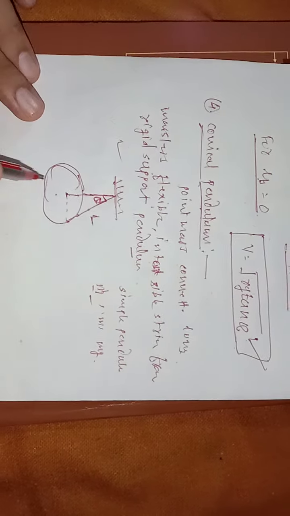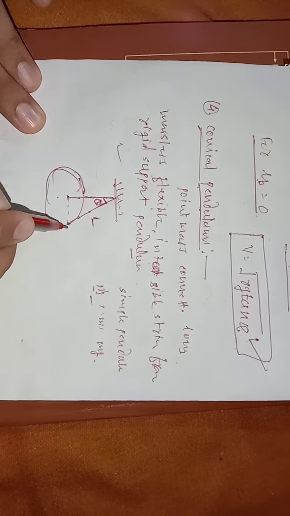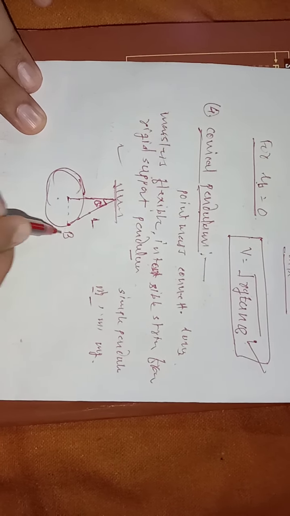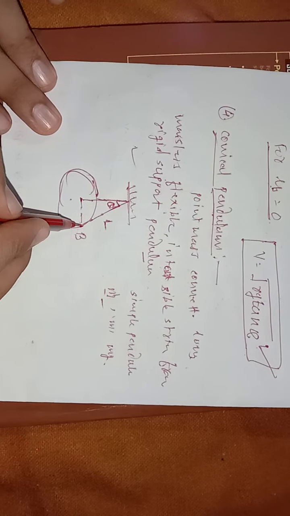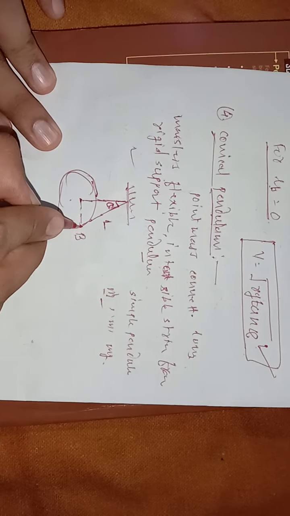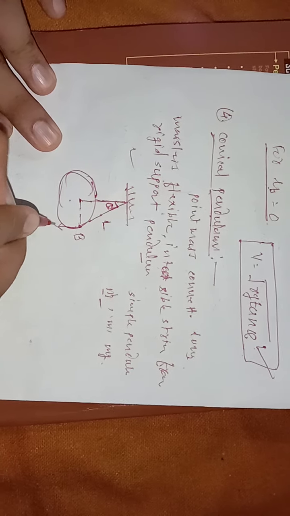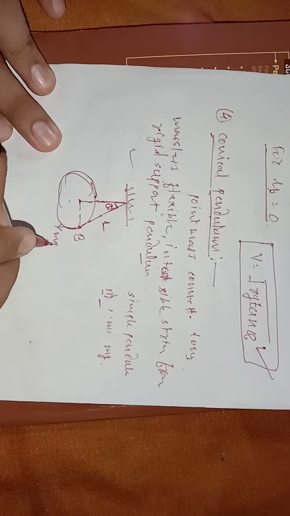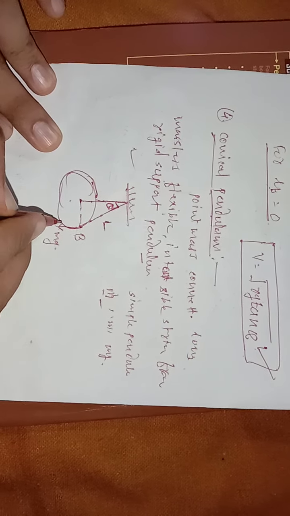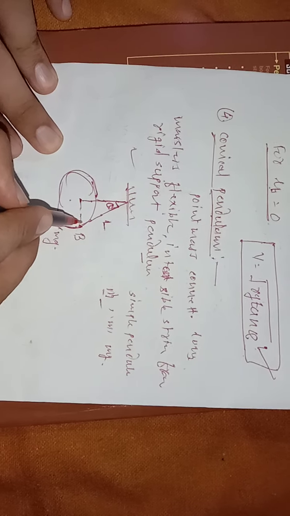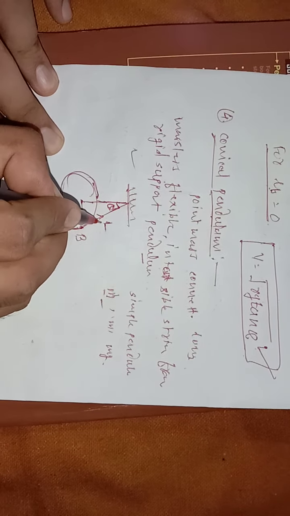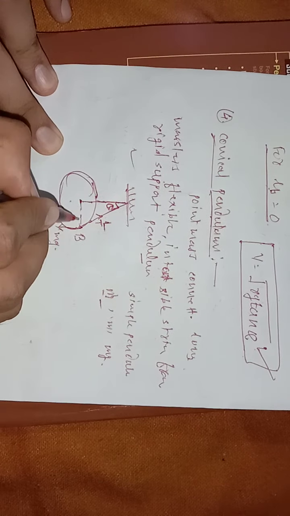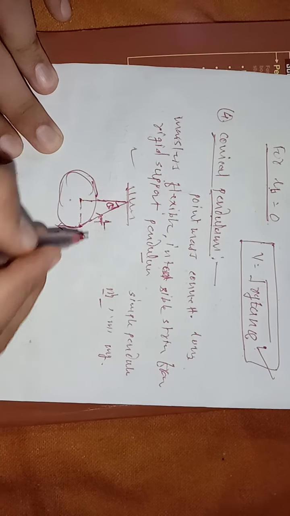In the displaced position, suppose we are considering position B, various forces act on the bob. The first force is the weight of the bob, mg, in the downward direction. The second force is the tension T in the upward direction.